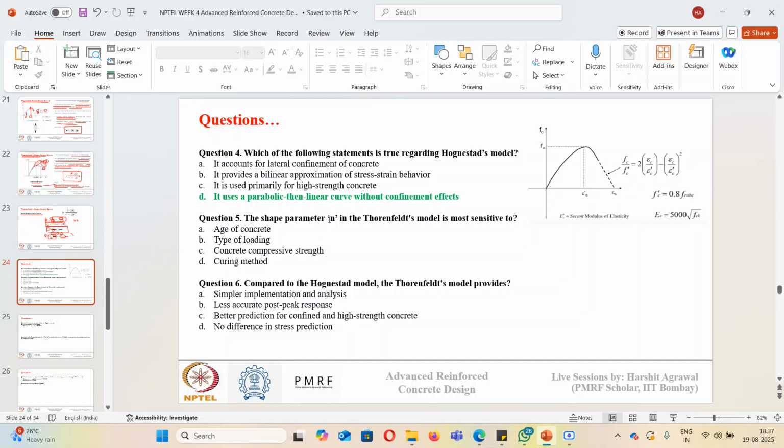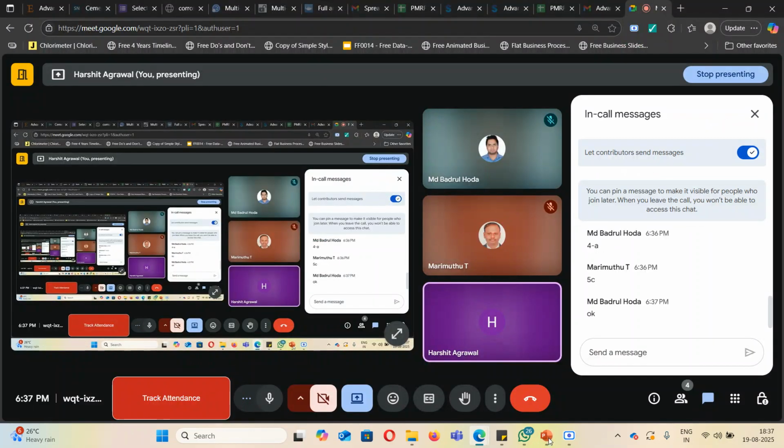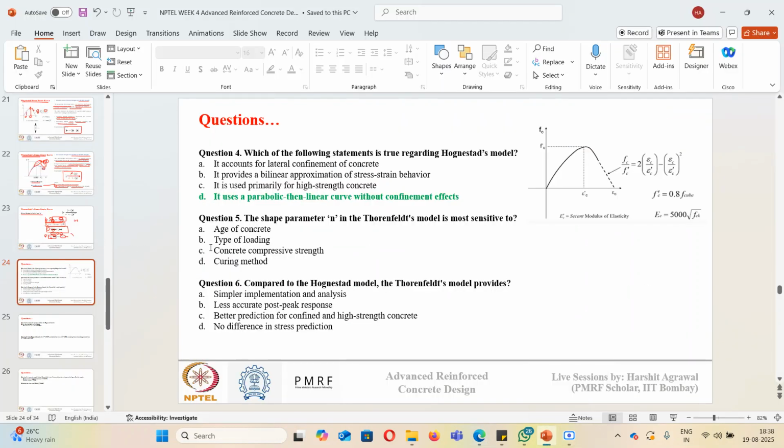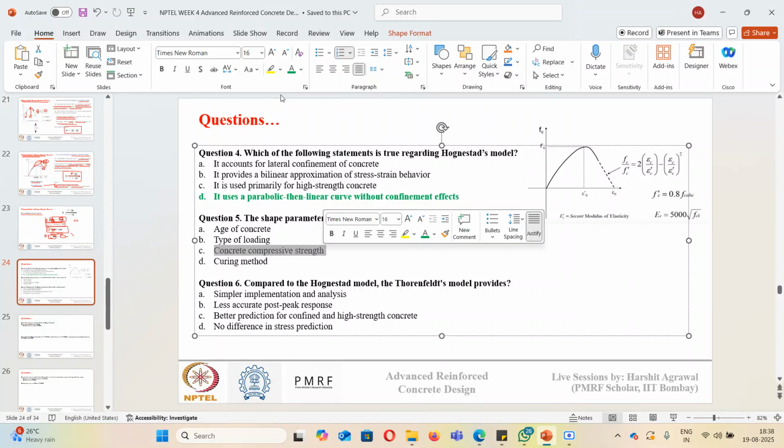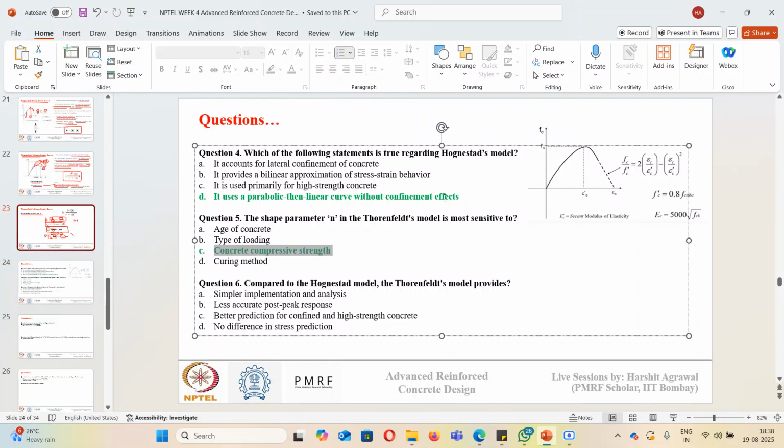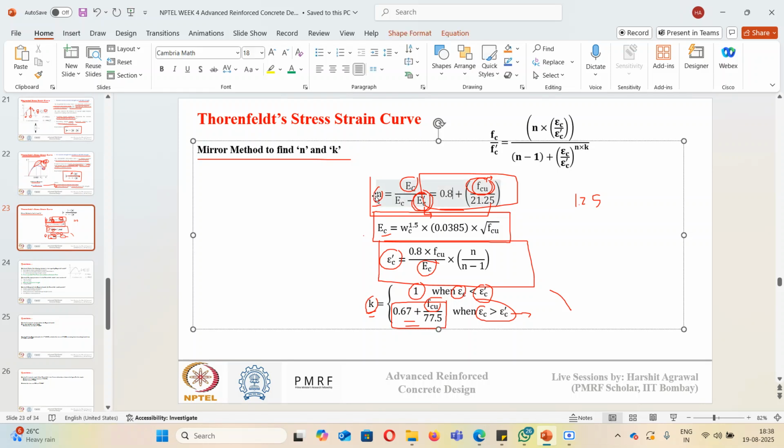The shape parameter n in Thorenfeldt's model is most sensitive to... okay, this we have already seen in the equation. It is sensitive to the concrete compressive strength. You can see here this n value is directly related to the strength of my concrete.